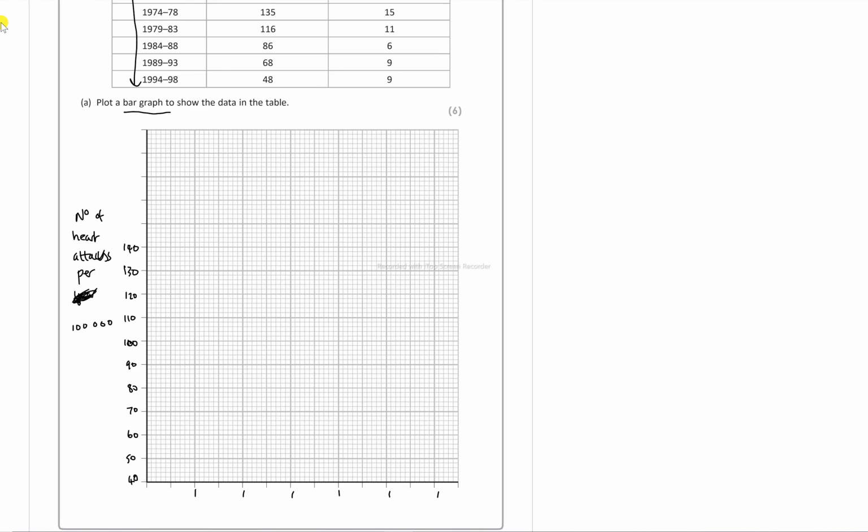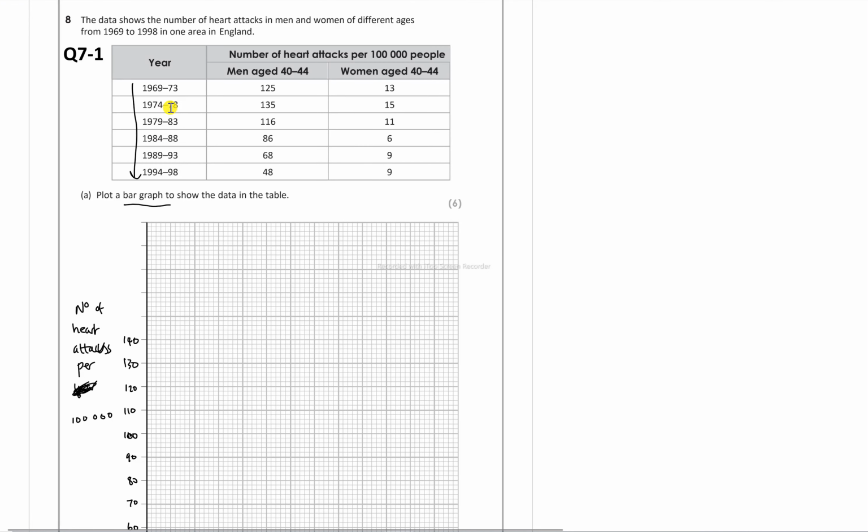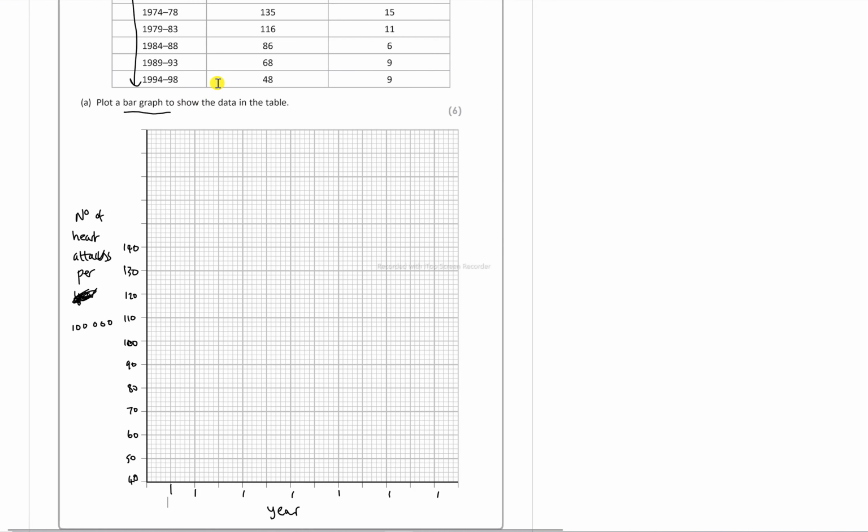Right, and what goes along the bottom we can put year. So we're going to stick 69 to 73 there.